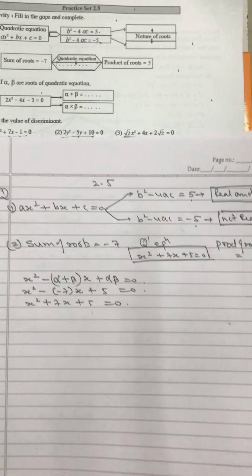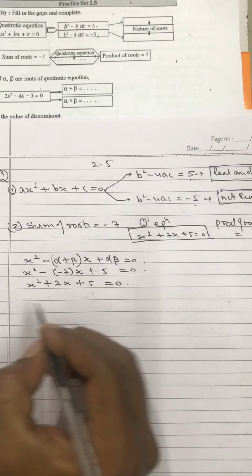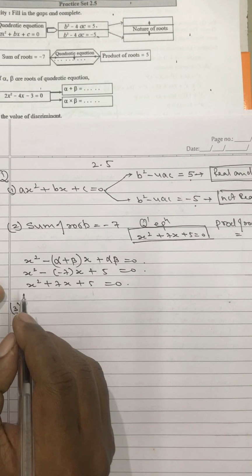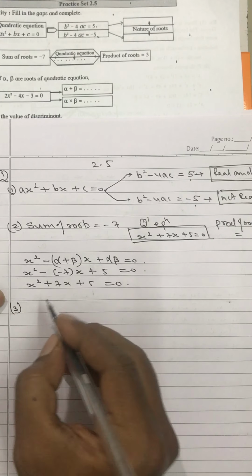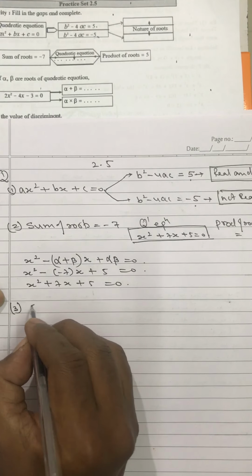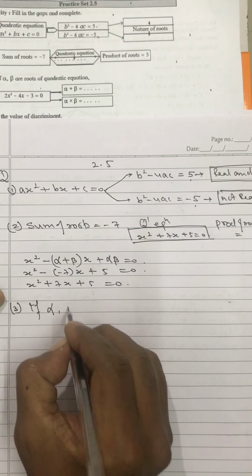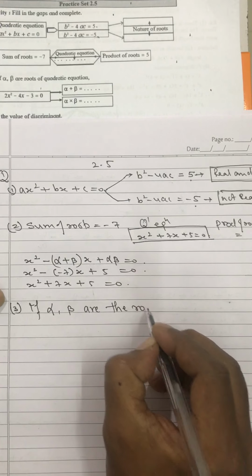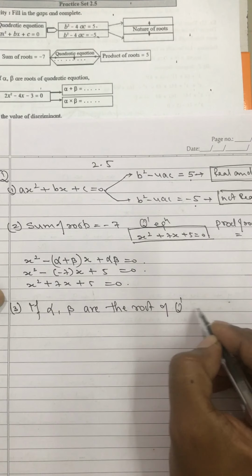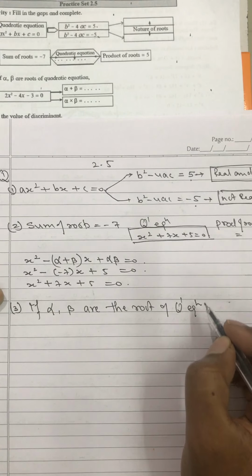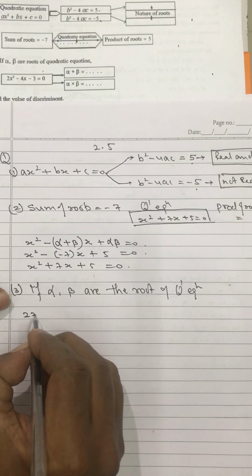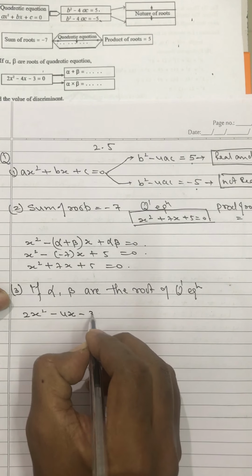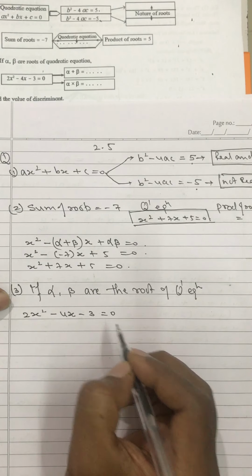So now going to the third question. In the third question, what are they saying? If alpha and beta are the roots of a quadratic equation, the equation they have given is 2x square minus 4x minus 3 is equal to 0.